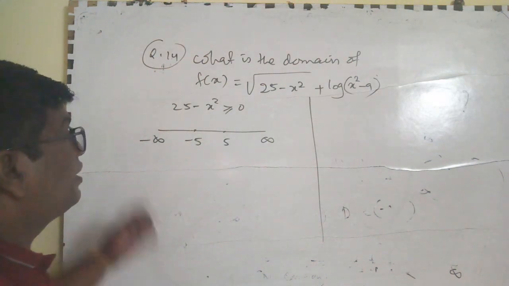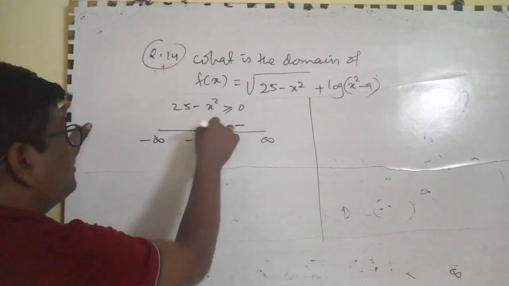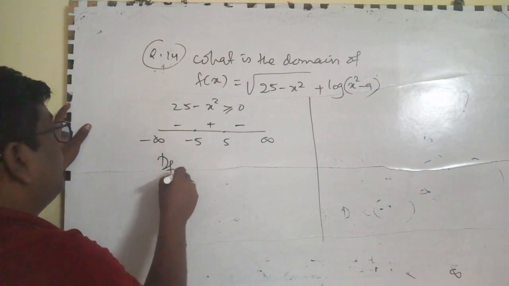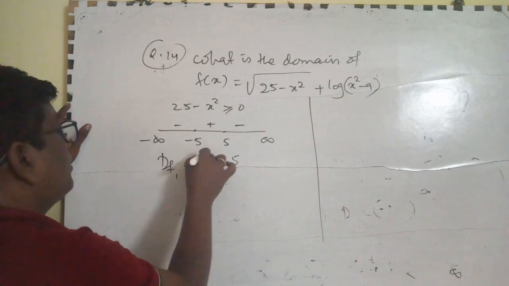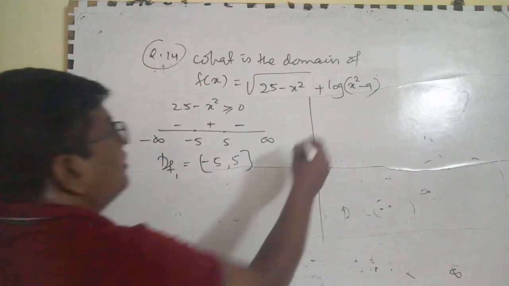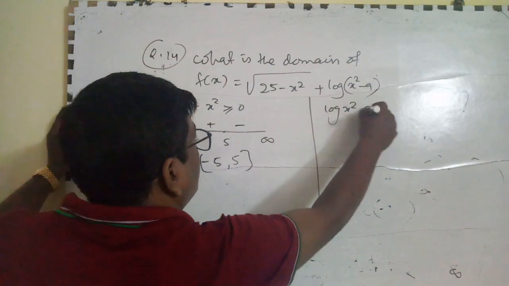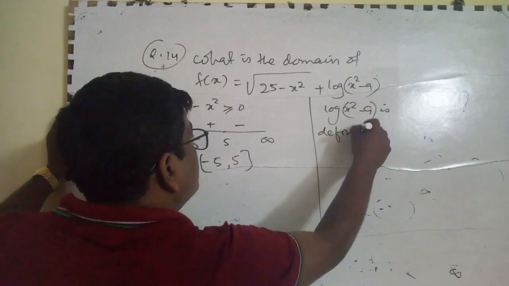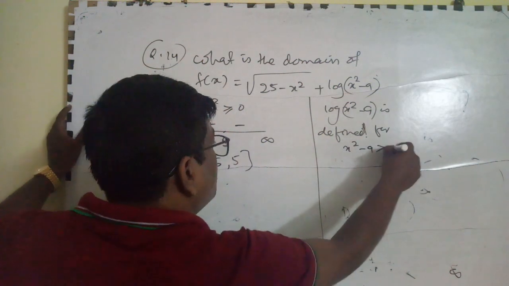What is the sign rule here? Coefficient of x square is minus. This is minus and this is plus and this is minus. What is the domain? Dom f1 is equal to minus 5 comma 5, square brackets. Similarly, log x square minus 9 is defined for x square minus 9 greater than 0.